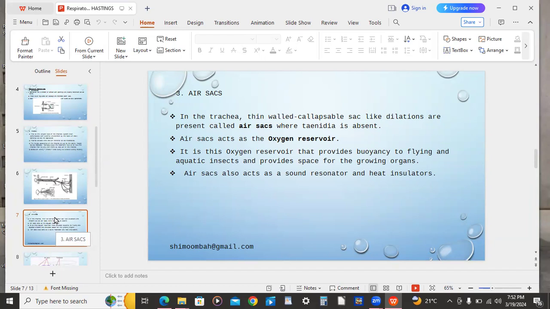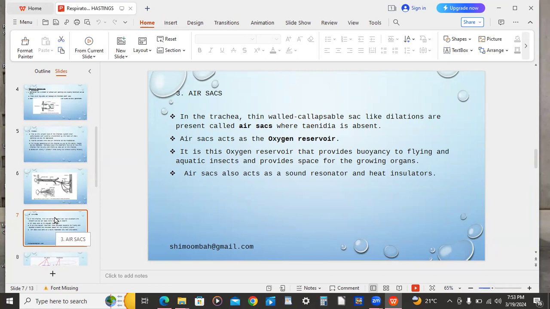So this oxygen reservoir is very important in insects because it actually helps the insect to escape. If someone throws something into water where the water bugs are preying, they are going to run away without sinking.